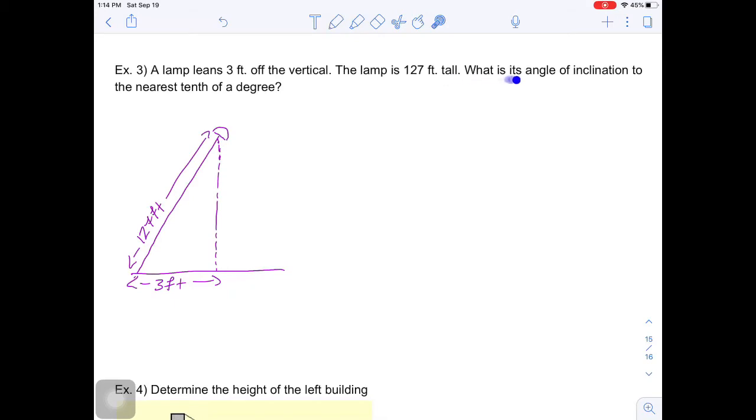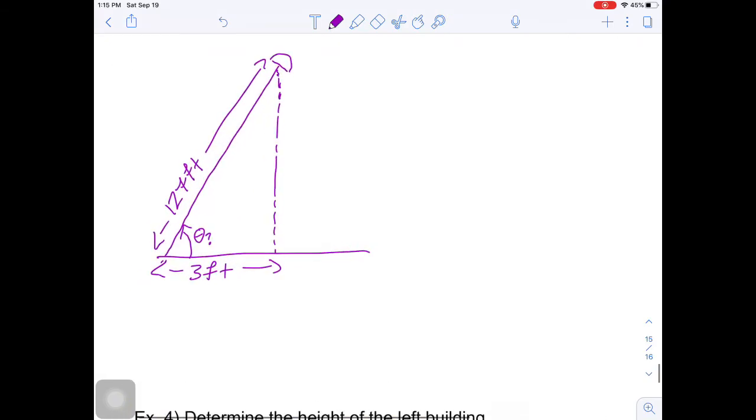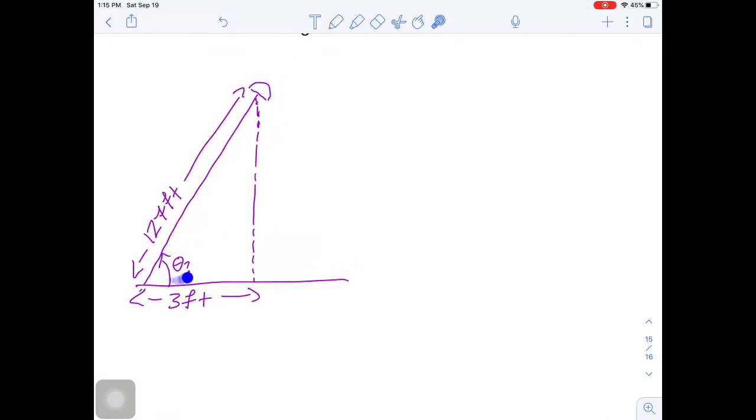It wants to know the angle of inclination to the nearest tenth of a degree. So remember, we talked about angle of inclination in our last video. Angle of inclination is an angle that is made from the horizontal and it goes up. So this is the angle at question. So I'm going to just put a little question mark here. Okay, so we want to find this angle.